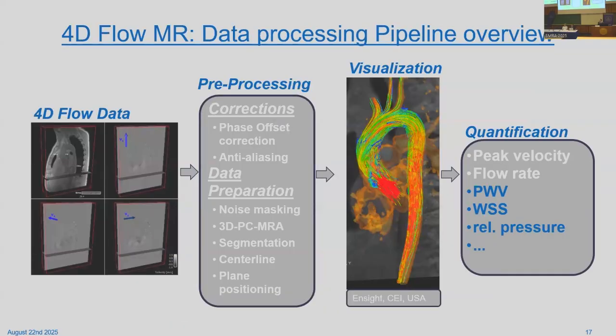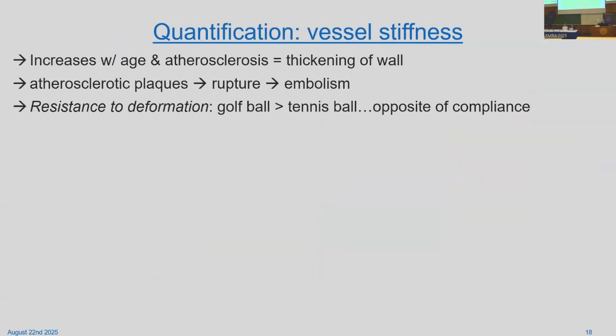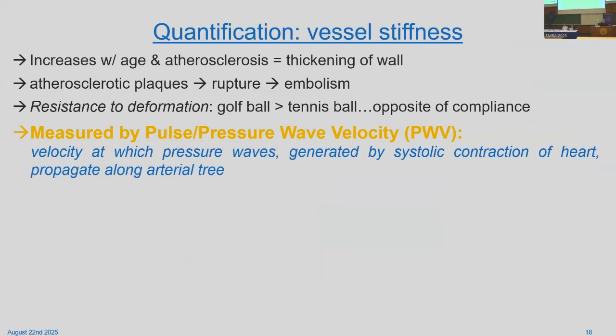And of course, the most important would be the quantification of certain parameters. As I said, unfortunately, I don't have much time to go through each of those in detail, but there is, for example, a way to assess the vessel stiffness using the pulse or pressure wave velocity. Stiffness is pretty much the opposite of compliance.